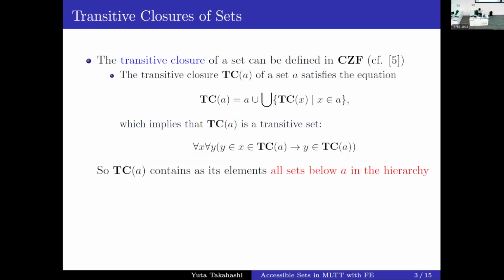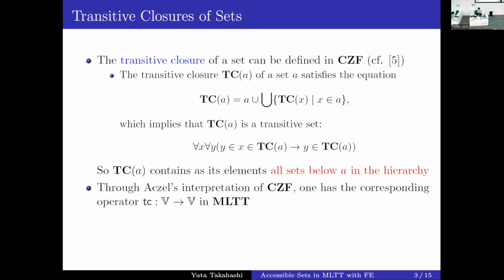As in classical Zermelo-Fraenkel set theory, the transitive closure of a set can be defined in CZF. So the transitive closure of a set A satisfies this equation. But in this talk, we can ignore this detail. The point is that the transitive closure of A contains as its elements all sets before A in this cumulative hierarchy.